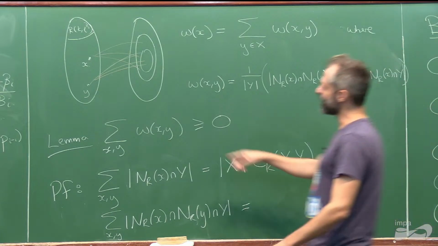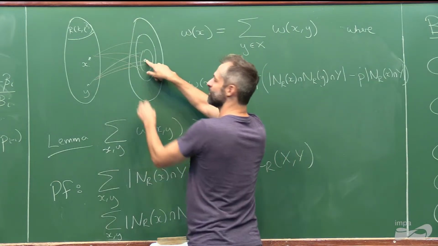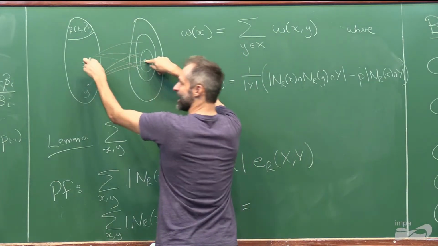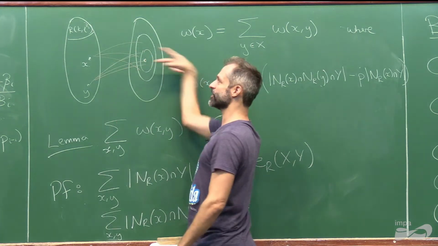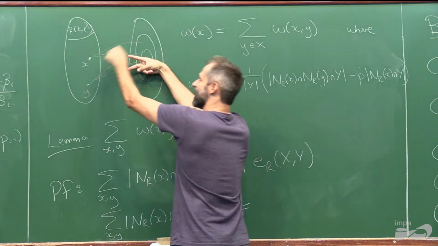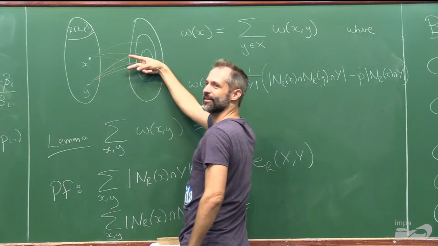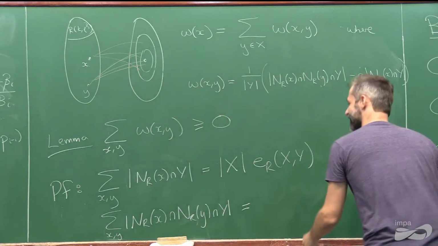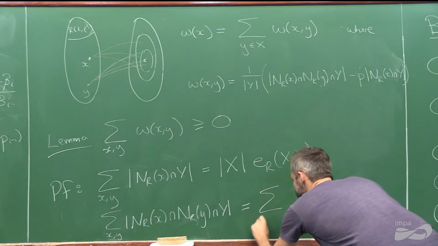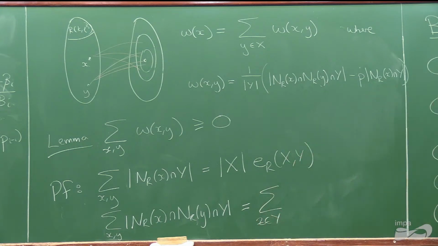You're counting guys here that have an x and a y. You're counting paths of length 2 that go x, something, y. So it's the same thing as summing over z in Y.